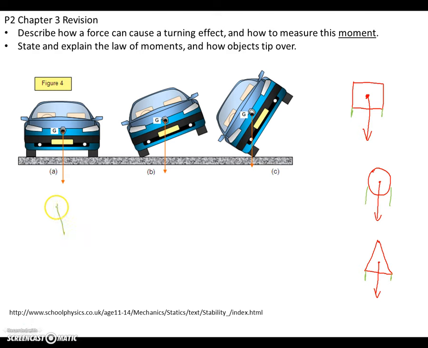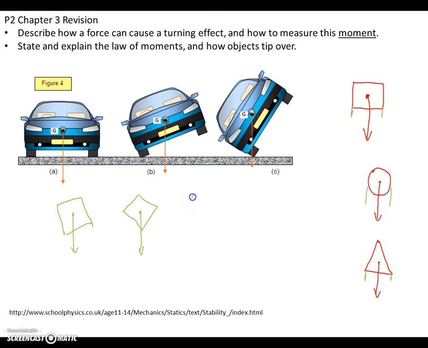If we take a square again as another example and tip it a little bit, then our center of gravity is still acting within the edge of the object. If we tip it a little bit further, our center of gravity is just acting on the edge at that point there.